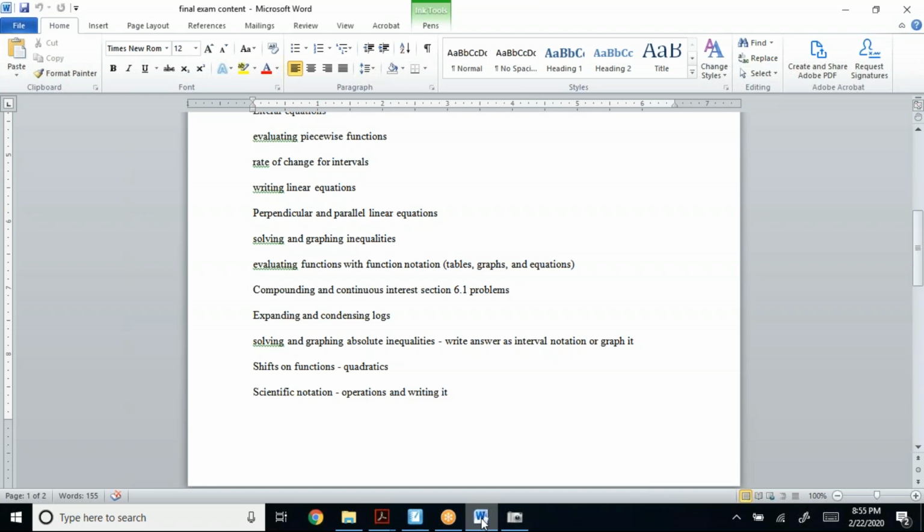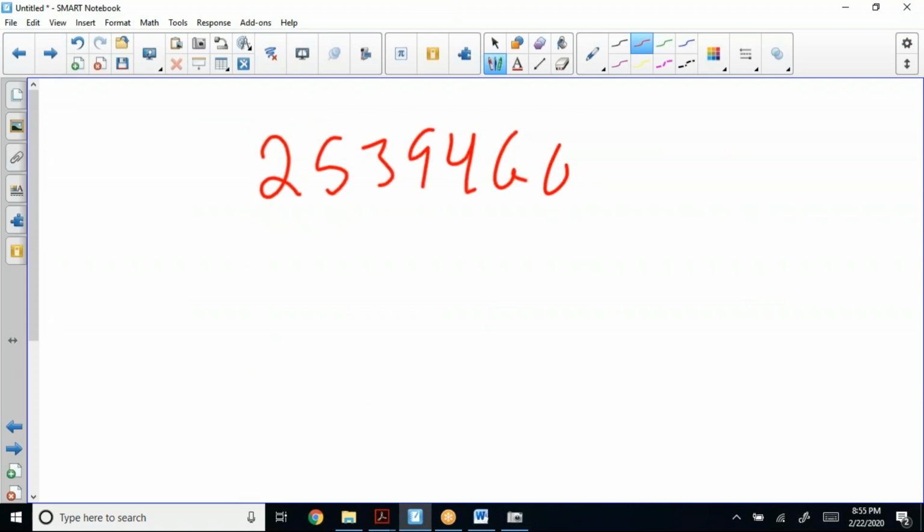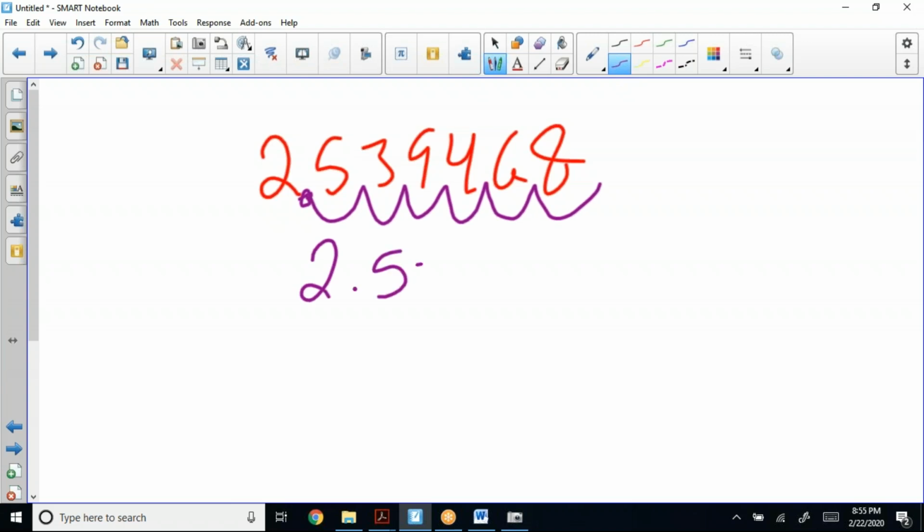Scientific notation. You're going to have to know, can you take a number like this and put it in scientific notation? First of all, it's a big number, so it comes from a positive exponent, right? So 1, 2, 3, 4, 5, 6. So 2.53946 times 10 to the 6, right?